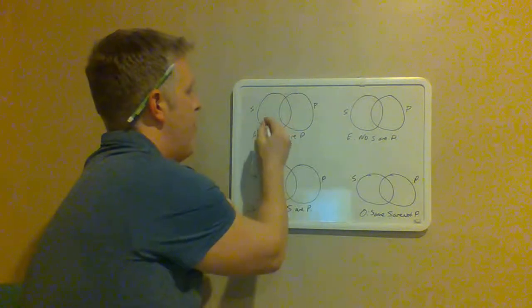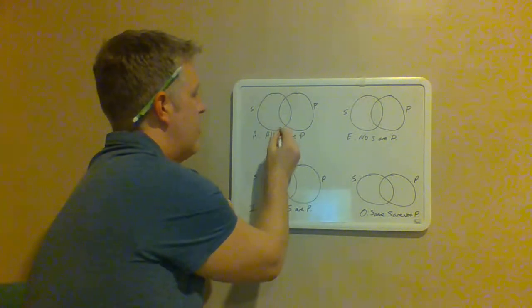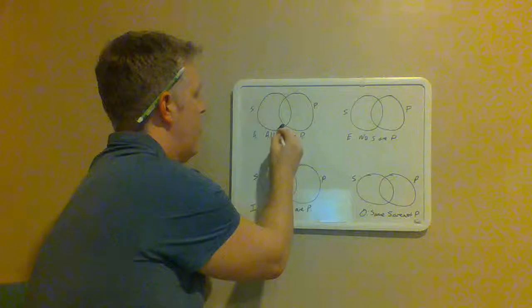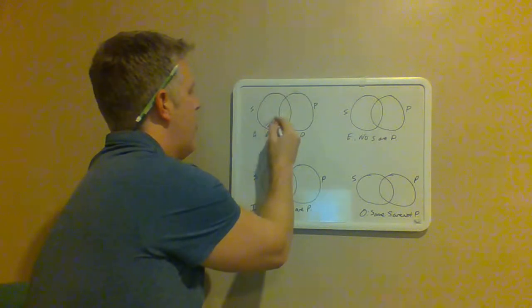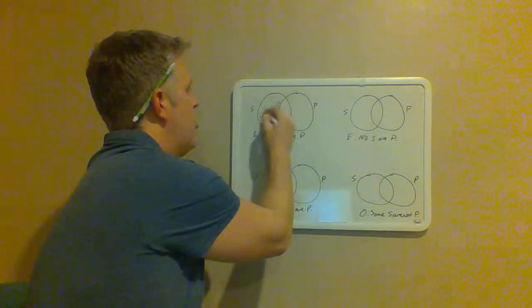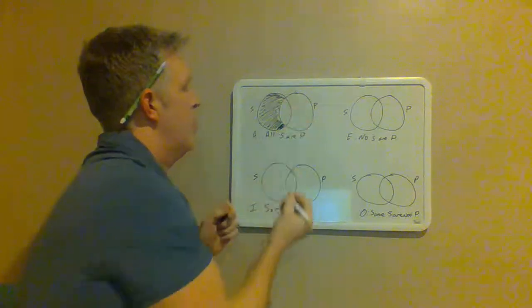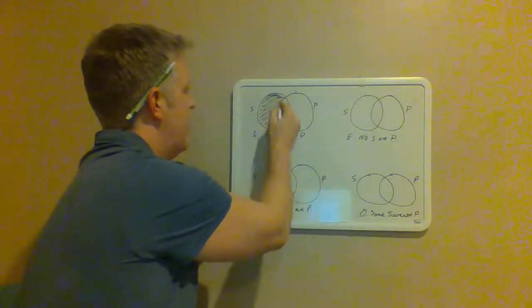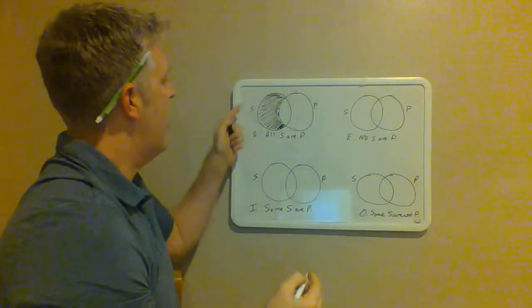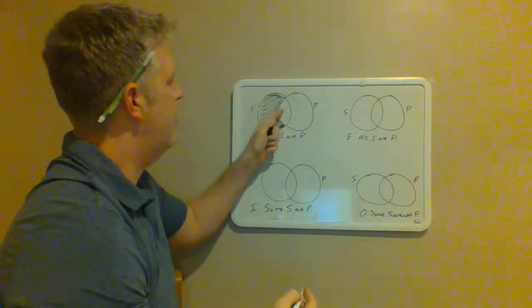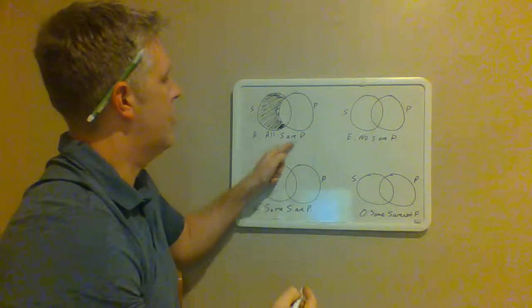All members of S are also going to be P. So we're going to go ahead and shade the portion of the S circle that doesn't coexist with the P circle. What this tells us again is that any member of S is also a member of P. Hence, all S are P.